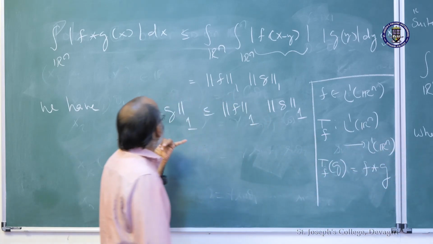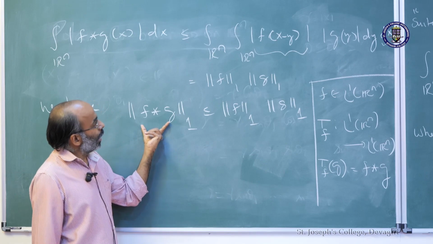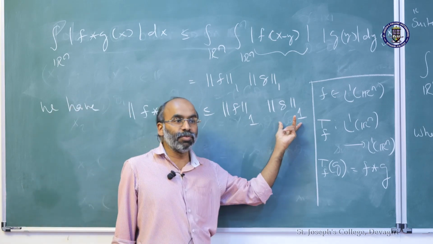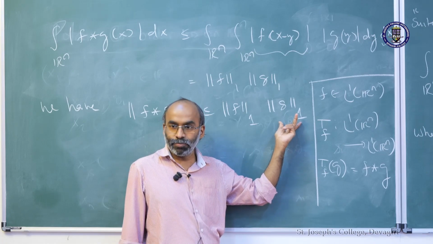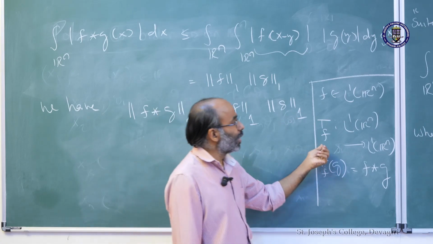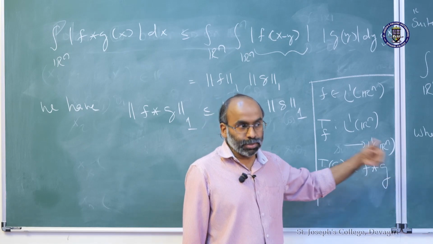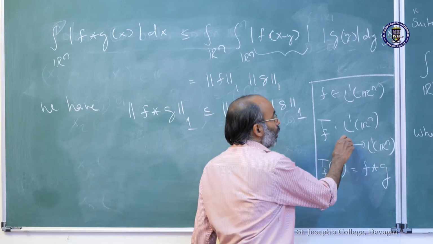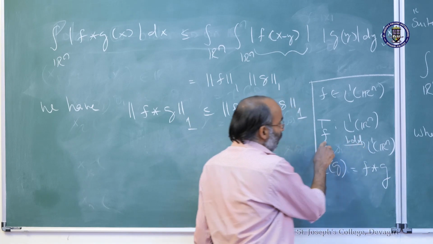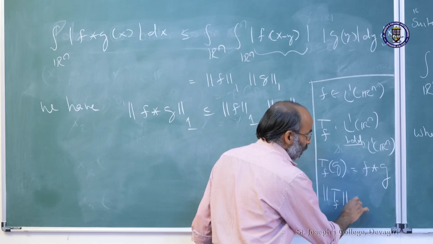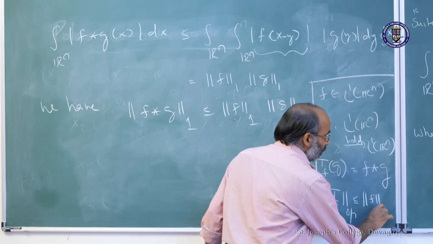And this inequality tells me that the norm of T_f g is less than or equal to something times the norm of g, which means that it is a bounded operator. So T_f is bounded from L1 to L1 as a linear operator, and the operator norm of T_f is less than or equal to the L1 norm of f.